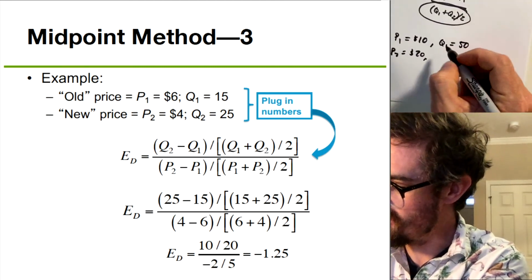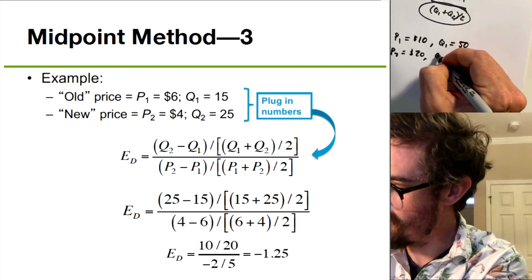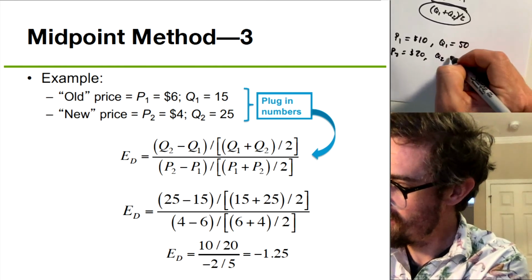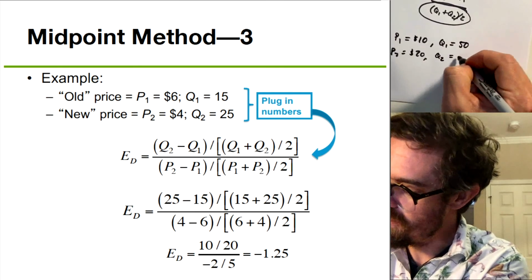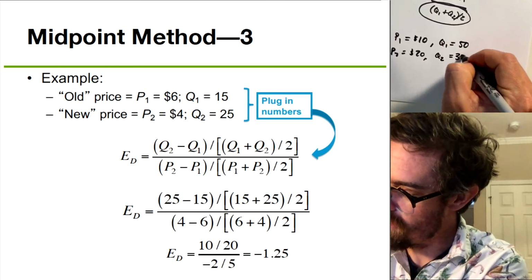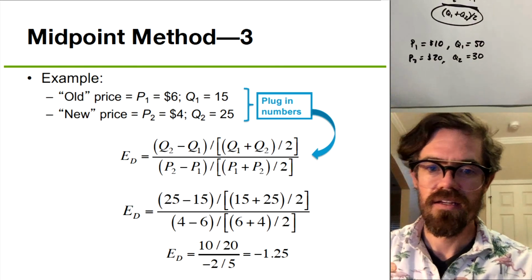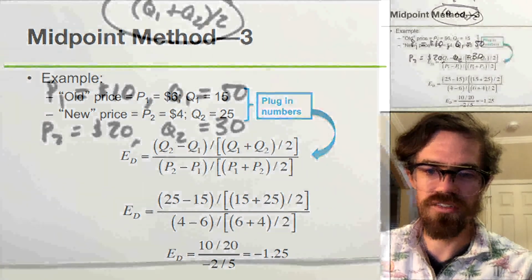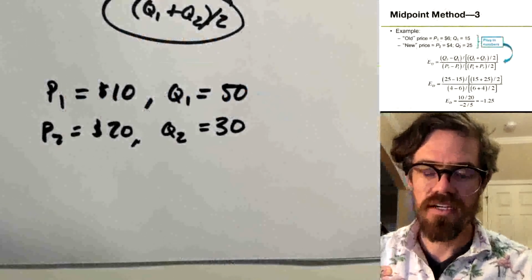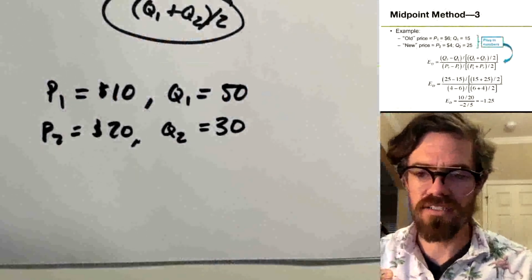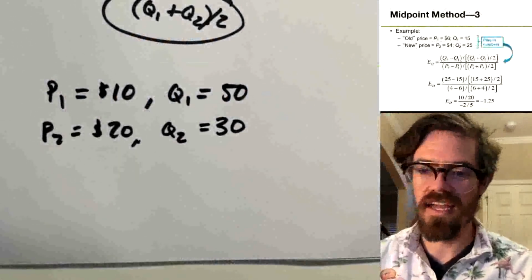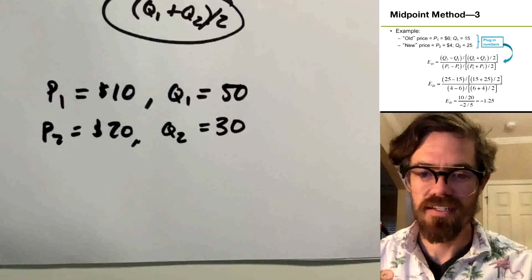And when the price is 20, the quantity demanded is, let's say, 30. Okay, so go ahead. I'll transition over there so you can see that more clearly. Use that as some practice. I'll reveal the answer in a little bit.